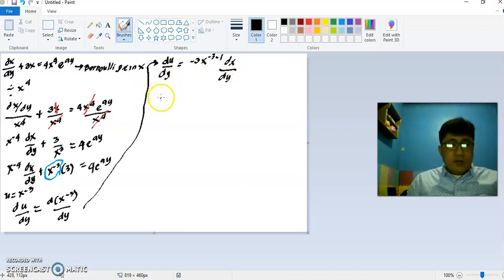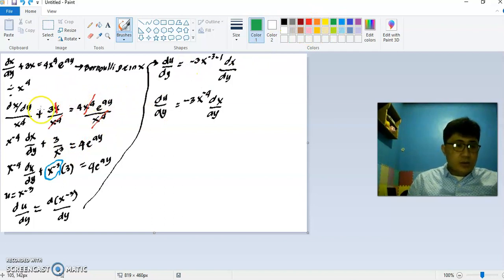So from there, you have du over dy is equivalent to negative 3 x raised to the power of negative 4 dx over dy.